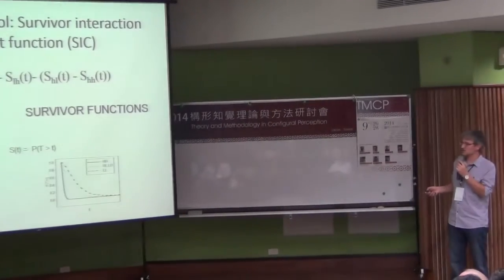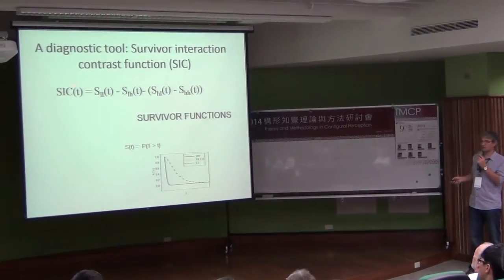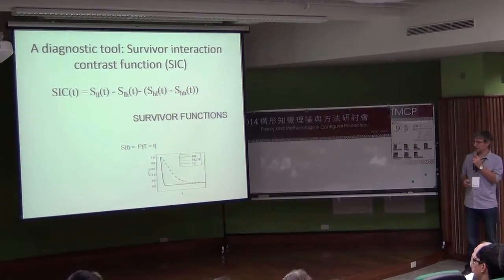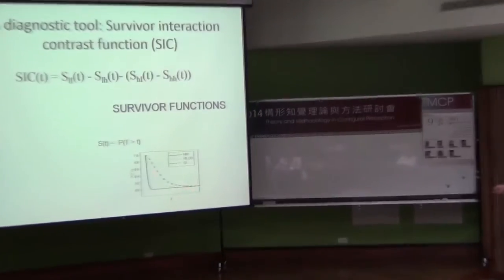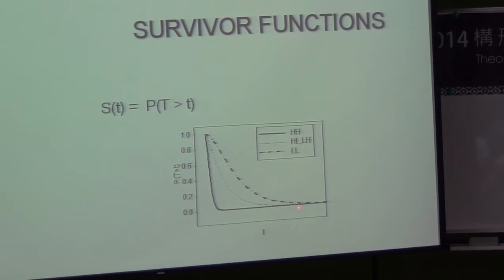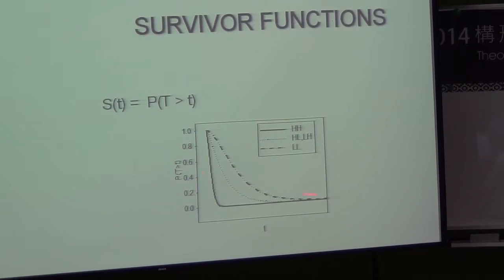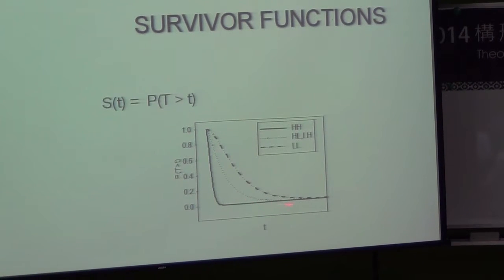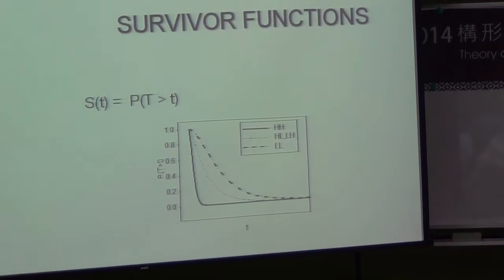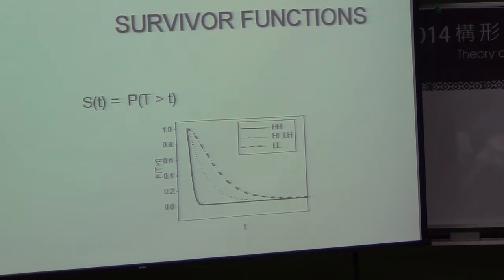But these are observed survivor functions that you read from the reaction time data. And the survivor function, we know, looks like this. It is the probability that we haven't finished processing up to some point in time yet. The longer you have to wait, the more likely it is that you have finished processing by then. So this probability goes down. There's a reason for that, but it's not that big a deal.